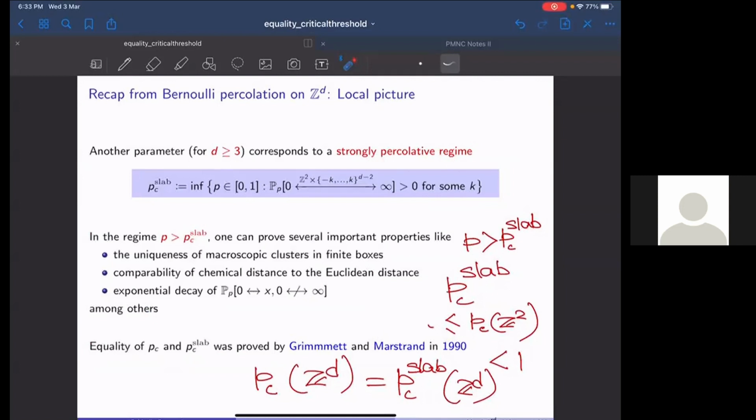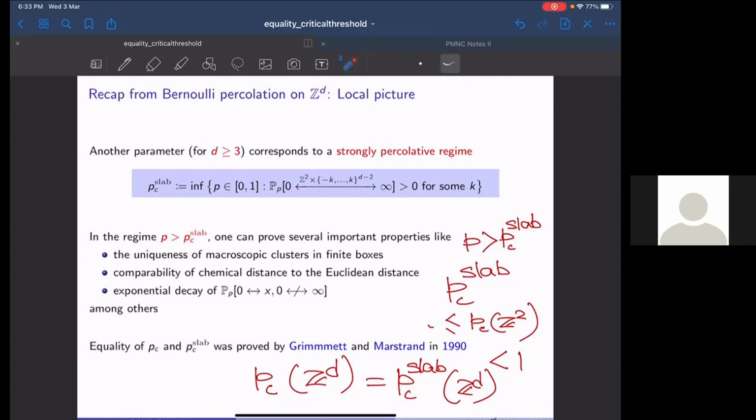But you see the point of all this is that p_c slab, or whatever, let's call it this auxiliary threshold, the main purpose of designing that is the following.